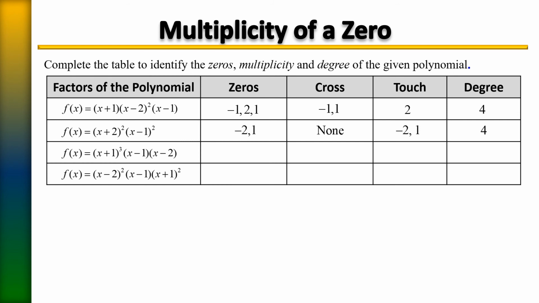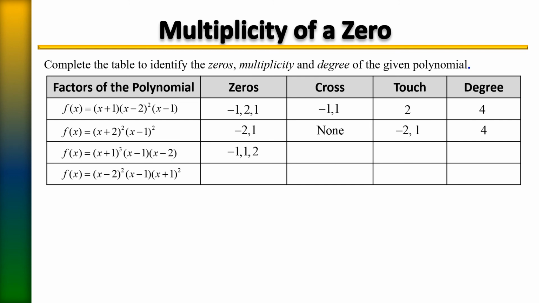Let's go on to the next row. What are our zeros? We can see it's going to be -1, 1, and 2. Crossing is going to cross at -1, 1, and 2.